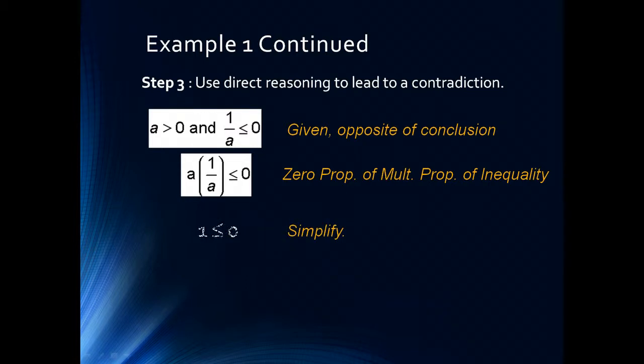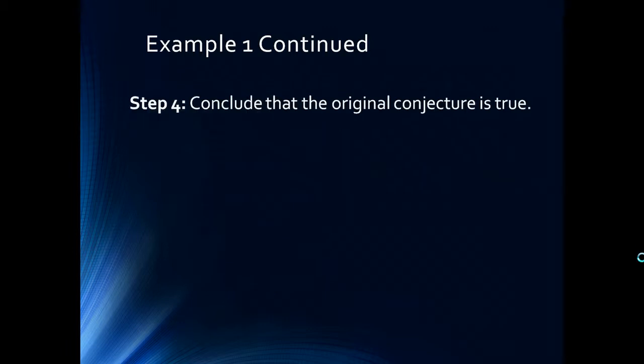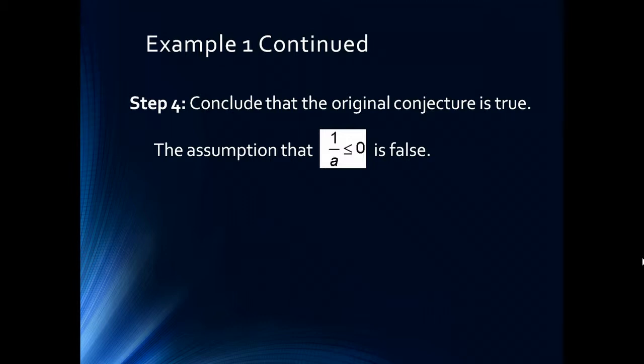If we simplify, we get 1 is less than or equal to 0. However, we know that 1 is greater than 0. So this helps us conclude the original conjecture is true. The assumption that 1 over a is less than or equal to 0 is false. Therefore, 1 over a is greater than 0.